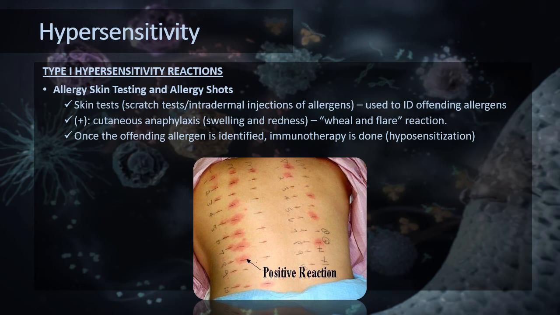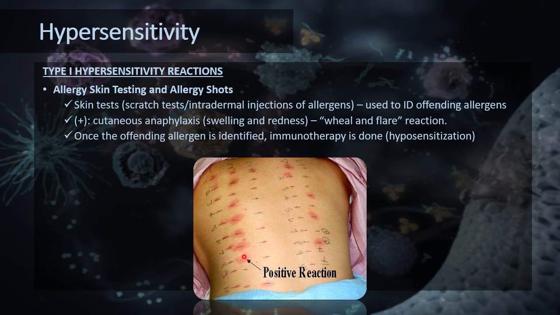Anaphylactic reactions can be prevented by avoiding known allergens. In some cases, skin tests such as scratch tests or intradermal injections of allergens are used to identify the offending antigen. The test is considered positive if cutaneous anaphylaxis such as swelling and redness occurs at the site, just like shown in the picture.